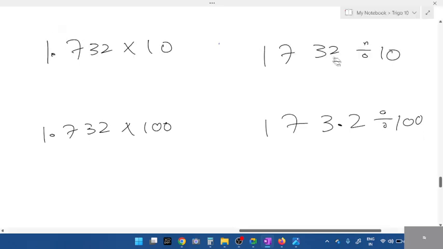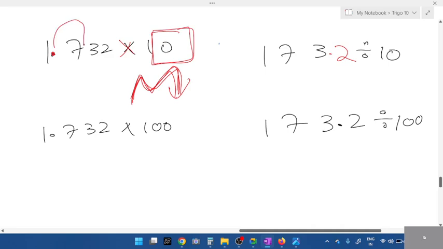So I'll tell you the difference for multiplication and division. For multiplication, M. M goes which side? Towards the right hand side, right? So the point should go towards which side? Left hand side or right hand side? Towards the right hand side. Multiplication. Remember, multiplication M towards the right hand side. How many zeros are there? How many zeros? 1. So this point will travel one position.